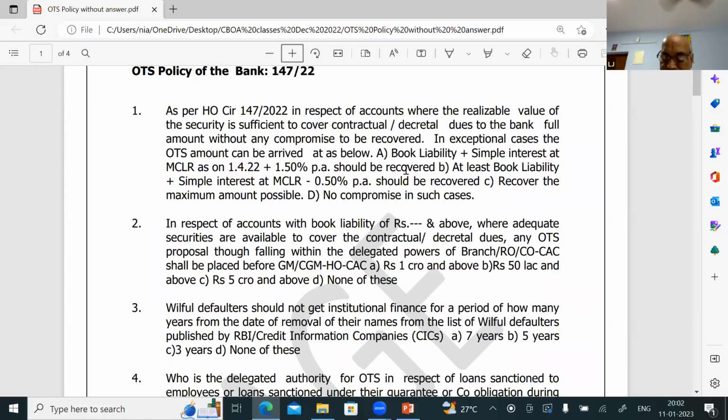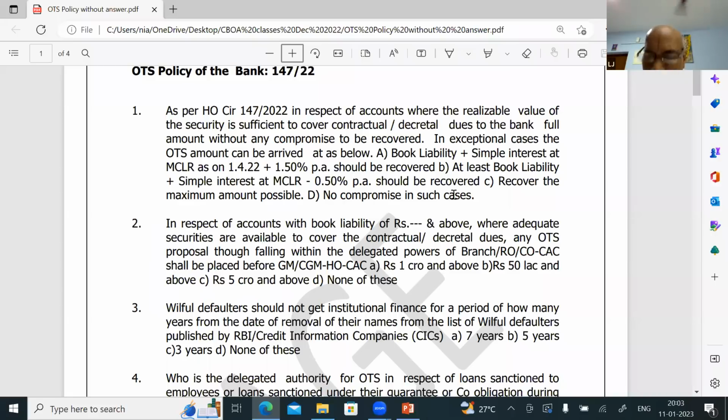B: At least book liability plus simple interest at MCLR minus 0.50% to be recovered. And C: recover the maximum amount possible. No compromise in such cases. The first case slide I told you, 8 points. When the realizable value is sufficient to recover the contractual dues or the decretal dues, you have to recover the full amount.